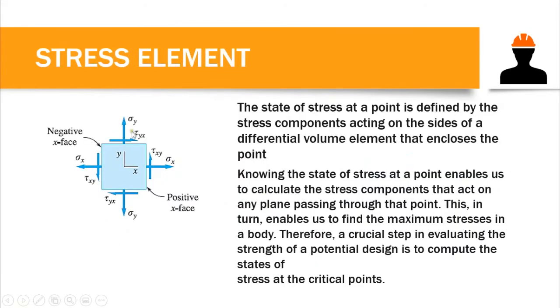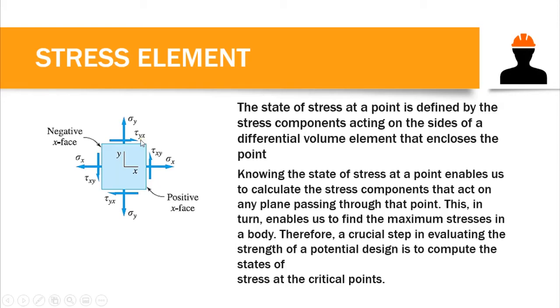Now, at the stress element of point O, there is a normal stress, and when this normal stress is acting away from the surface of our stress element, that is a tensile stress. If it is acting towards the stress element like this one, then that is a compressive normal stress. And this one here is our shear stress, of course.